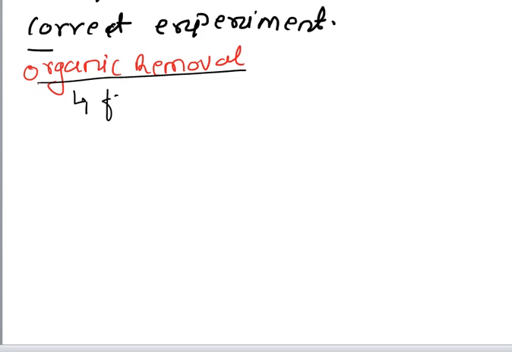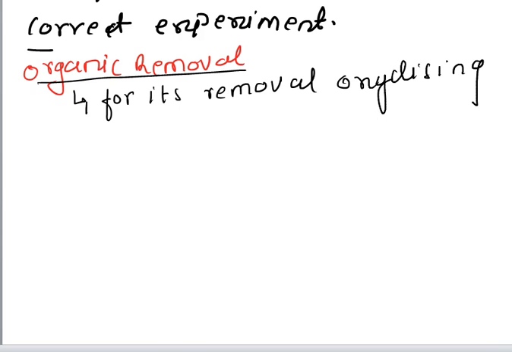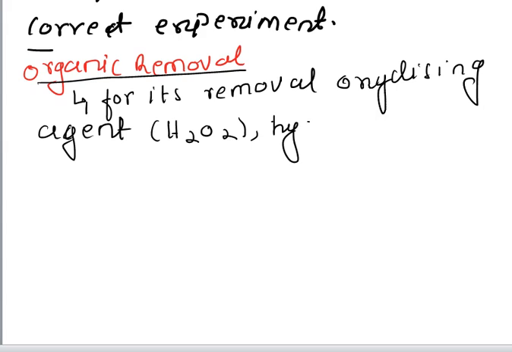For its removal, the oxidizing agent used is H2O2. Are all clear with this formula? It is the formula for hydrogen peroxide, sometimes also called hard water. Hydrogen peroxide.